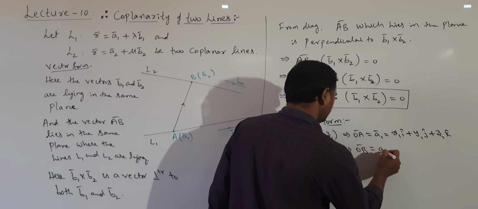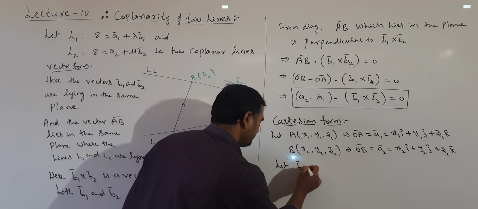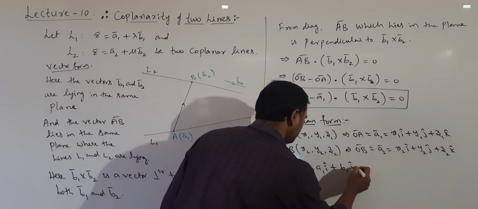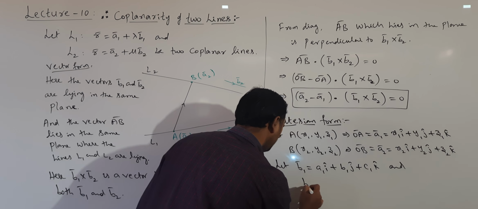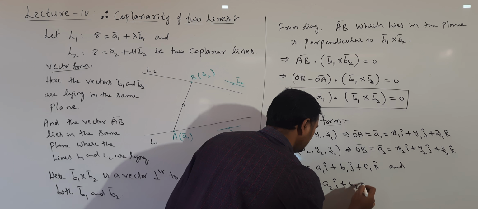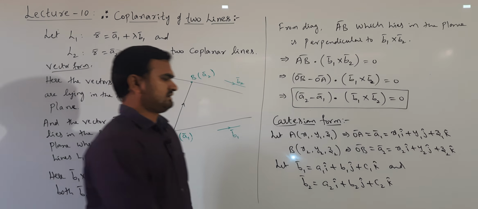Next, B1 bar and B2 bar. What is B1 bar? The parallel vector to the first line. Now the parallel vector to the first line we can write in terms of DRs. Let B1 bar be a1 i plus b1 j plus c1 k, and B2 bar be a2 i plus b2 j plus c2 k.